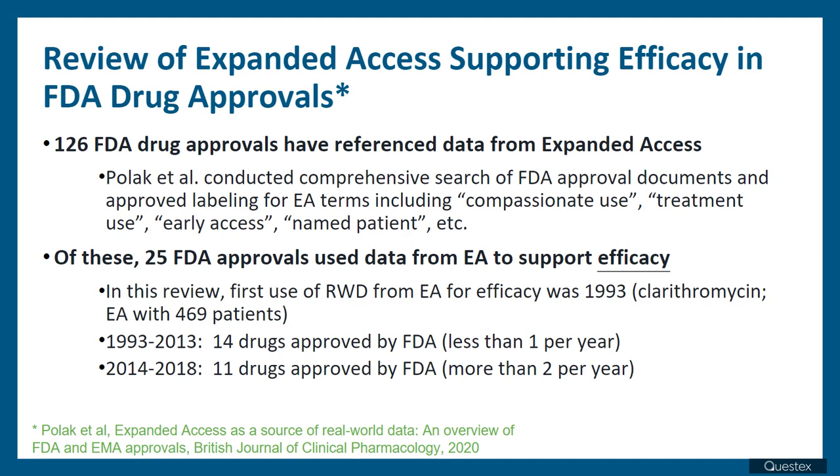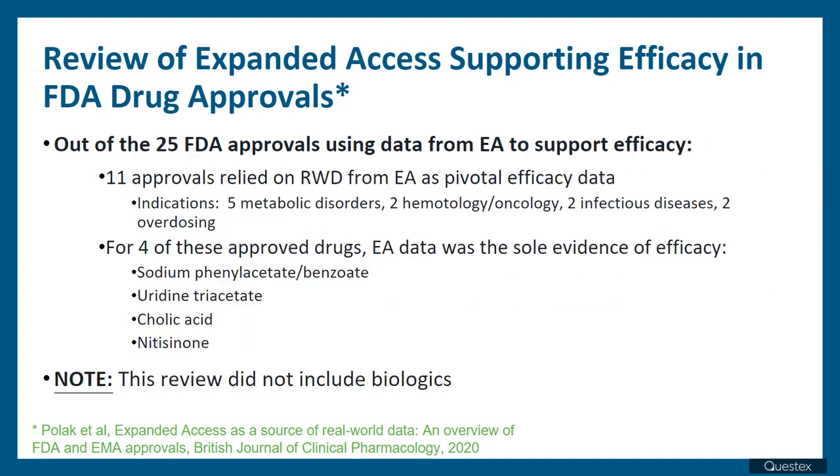So it went up from less than 1 per year for a couple of decades to more than 2 per year over the last few years. I think that's a bit of evidence that more and more sponsors are starting to rely upon expanded access and compassionate use to generate useful efficacy data.